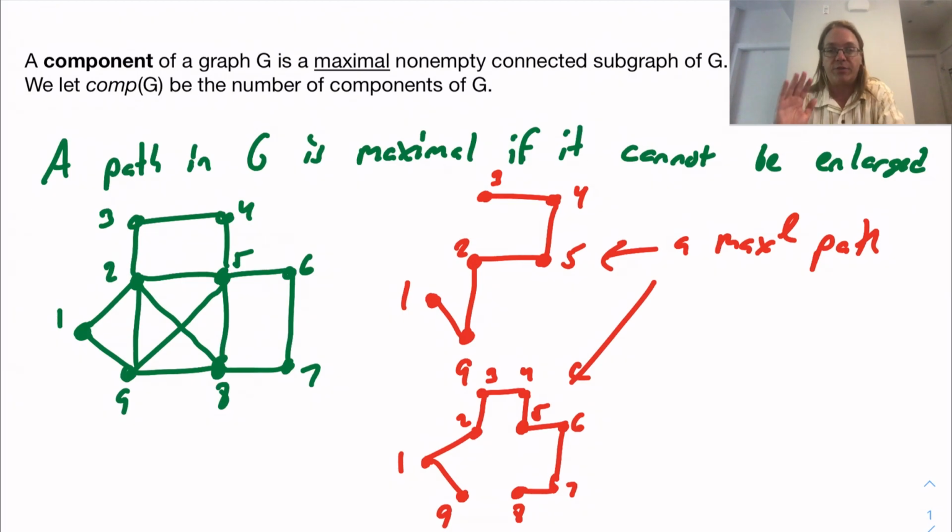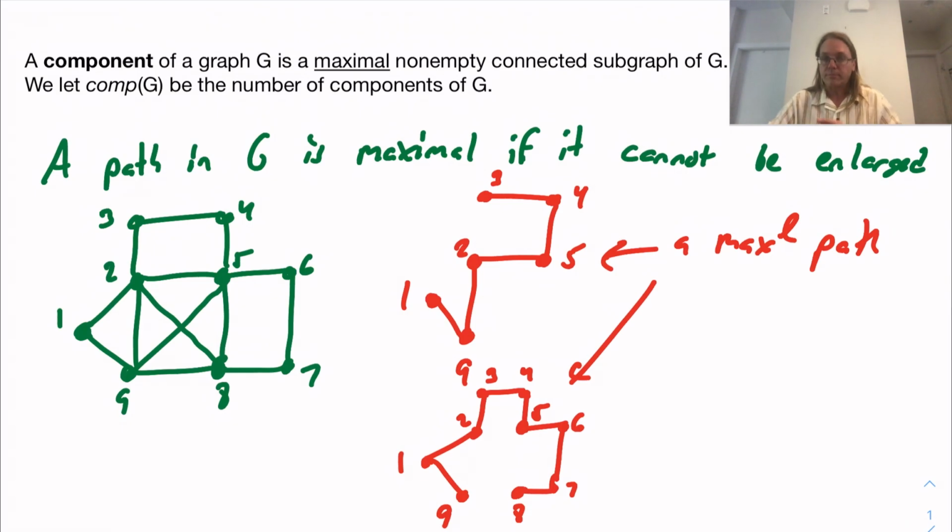So this is the critical difference between maximal and maximum. If I said a maximum path, then I would mean the longest possible path in the graph. A maximal path is a subgraph that is a path that cannot be enlarged while staying a path.